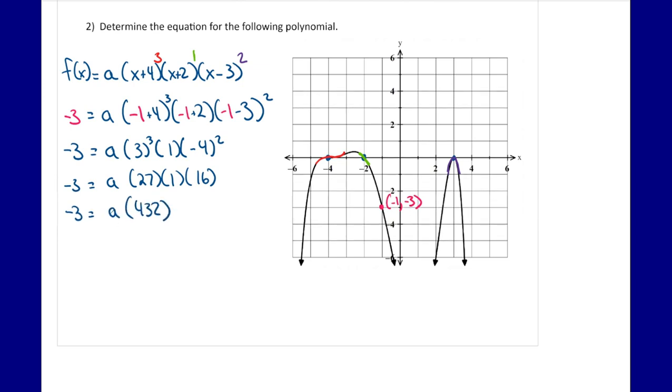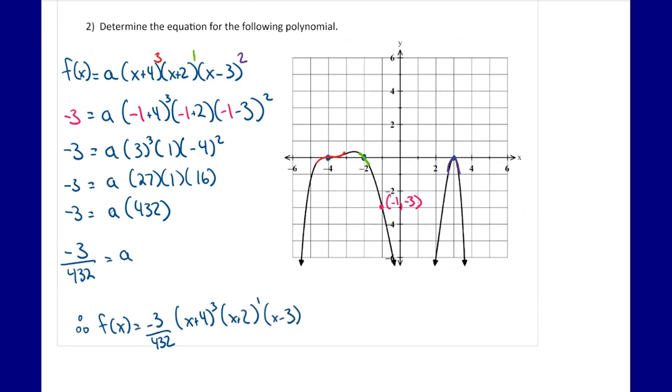To get a by itself, I'm going to move the 432 over. I get negative 3 divided by 432, which is a. So then therefore, f of x is equal to negative 3 over 432, x plus 4 cubed, x plus 2 to the power of 1, x minus 3 squared. So that is the equation for this polynomial.